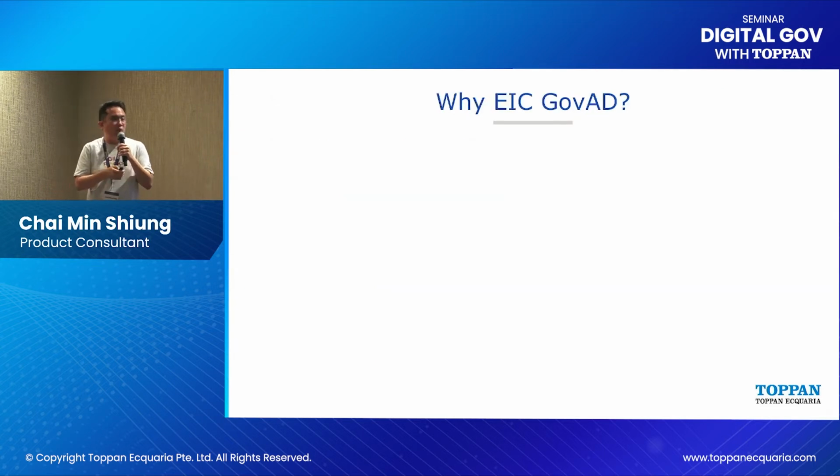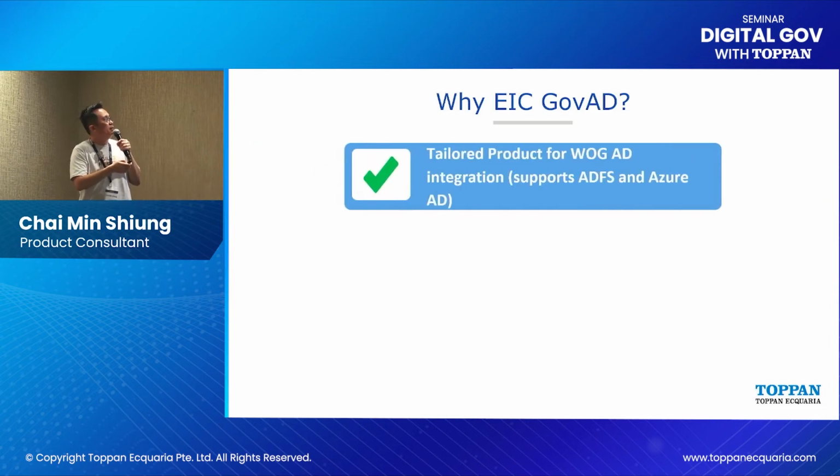Why is EIC GovAD a tailored product? You don't have to go through trial and error when you onboard with us. You don't have to use things like general purpose products or open source software. We have done the testing for you, we have done the integration, and we have deployed in production as well.